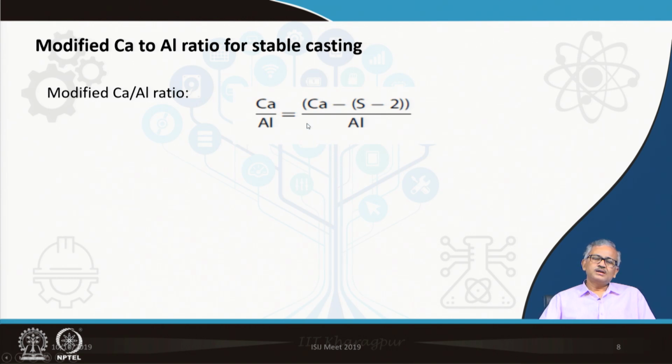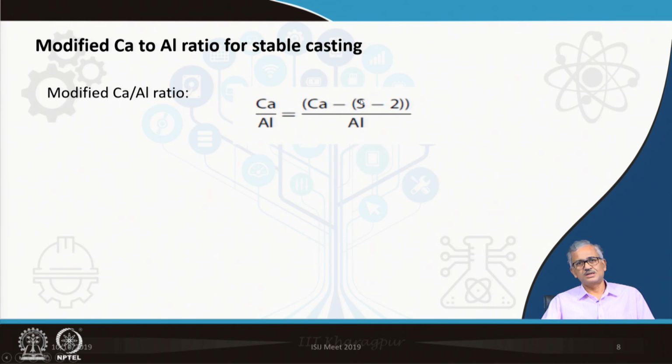And you can define this ratio in this form: calcium minus S minus 2, divided by aluminum. Why are you subtracting this term? Because whatever amount of sulfur is there, you have to subtract first, because in the presence of sulfur, calcium will form calcium sulfide, which is a very strong compound. So, you have to eliminate that. That much calcium will go with the sulfur.